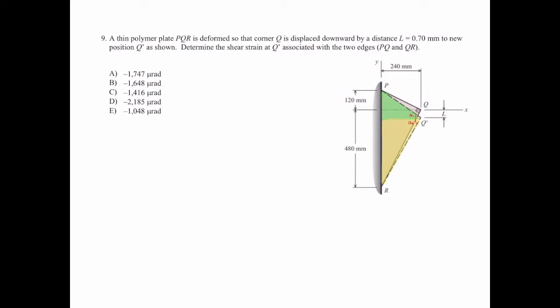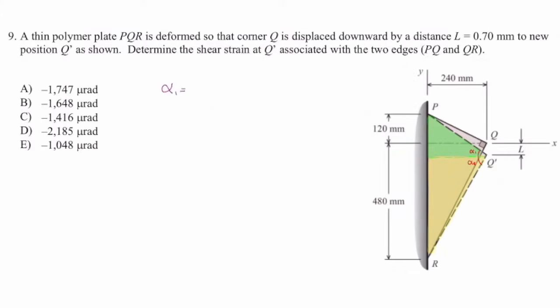Alrighty, let's do that. In the green triangle, what is the tangent of alpha 1? How much is this length? It was 120 millimeter, but it moved down by L. So how much is the new length? 120 plus L. And how much is the width of that triangle? 240.